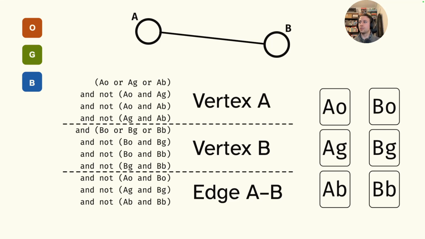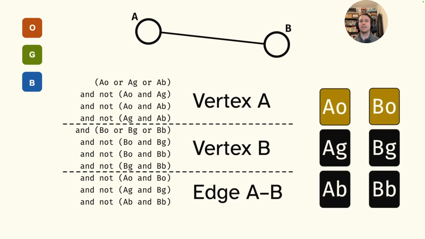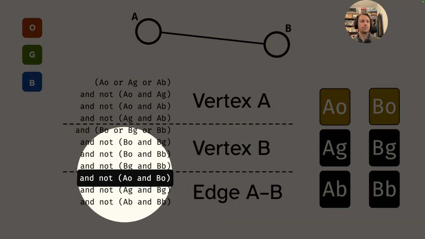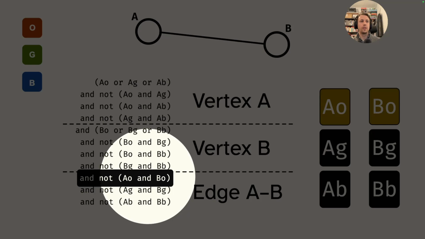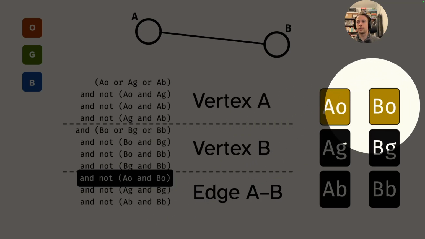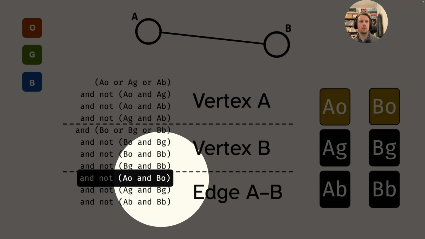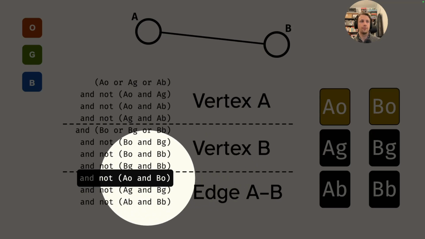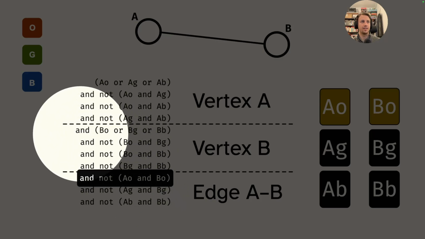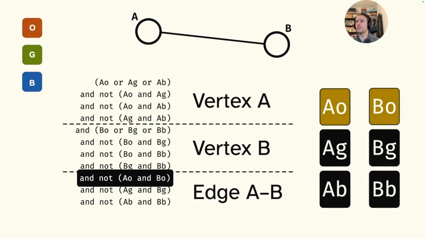Now, if you do something like setting the top 2 variables to true and the other 4 to false, this does not work, because there is a clause at the bottom that evaluates to false. AO and BO are true, so AO and BO is true. You factor in the not, this is false, and suddenly you have a false inside your chain of ANDs. So you know that this will evaluate to false. It doesn't work. Does everyone agree that this doesn't work?